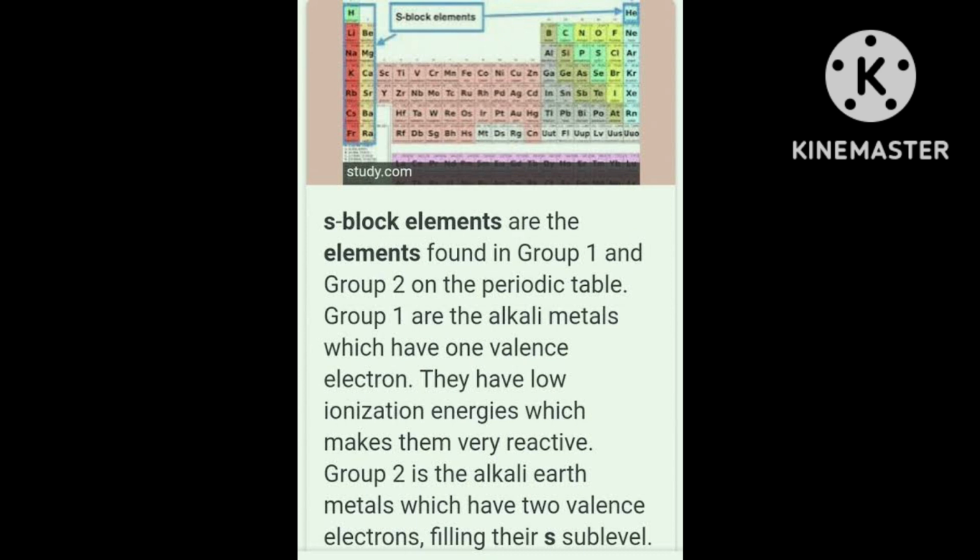The loosely held s electron in the outermost valence shell of these elements makes them the most electropositive metals. They readily lose the electron to give monovalent M+ ions.